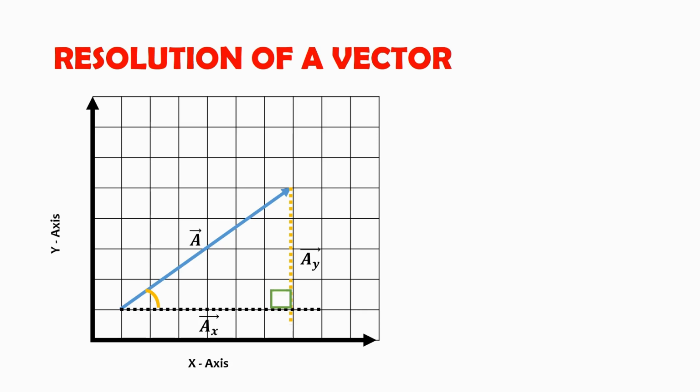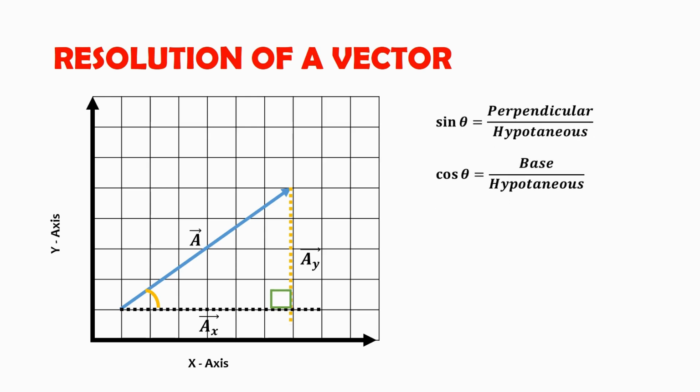Whenever we are dealing with a right angle triangle, we are going to use the trigonometric ratios, and by using them we would be able to find the magnitude of each component of a vector. So these are the trigonometric ratios that are required here: sin theta equals perpendicular upon hypotenuse, cos theta equals base upon hypotenuse, and tan theta equals perpendicular upon base.